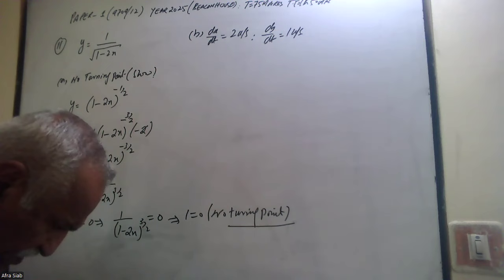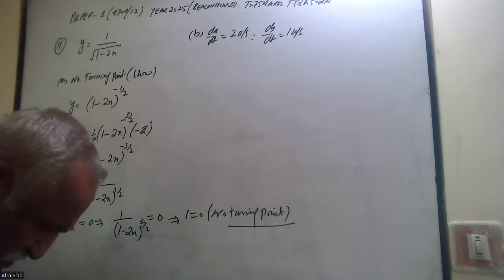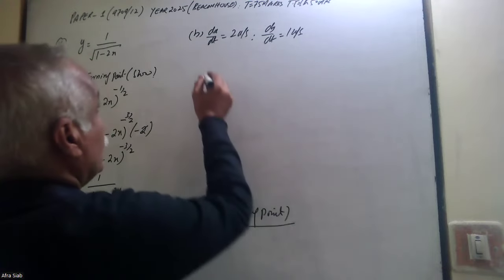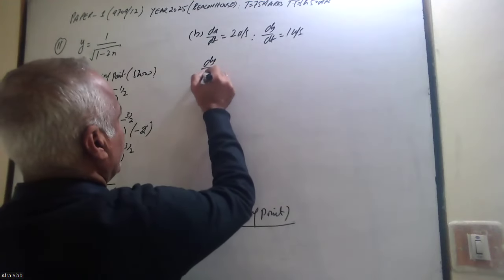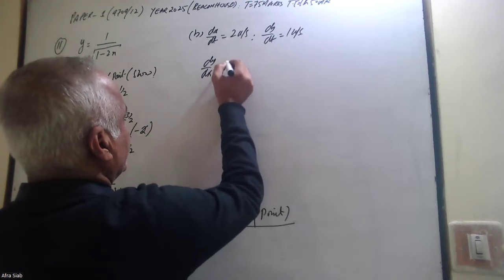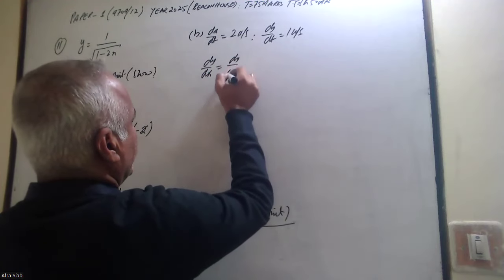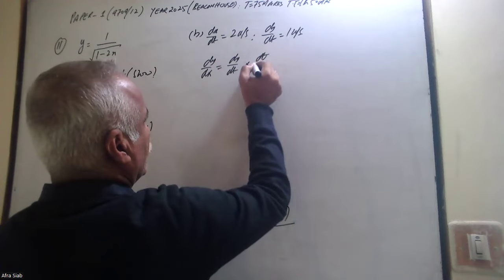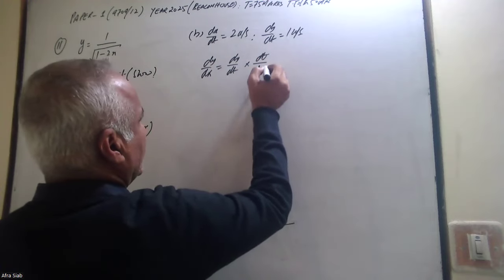Find the value of x at which the rate of change of x is 2 units per second and the rate of change of y is 1 unit per second. So you have to find dy by dx, which is equal to dy by dt into dt over dx.